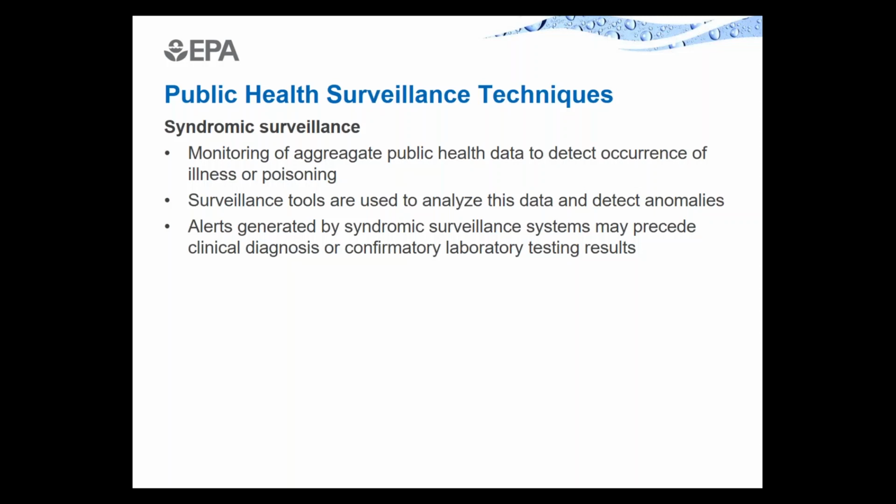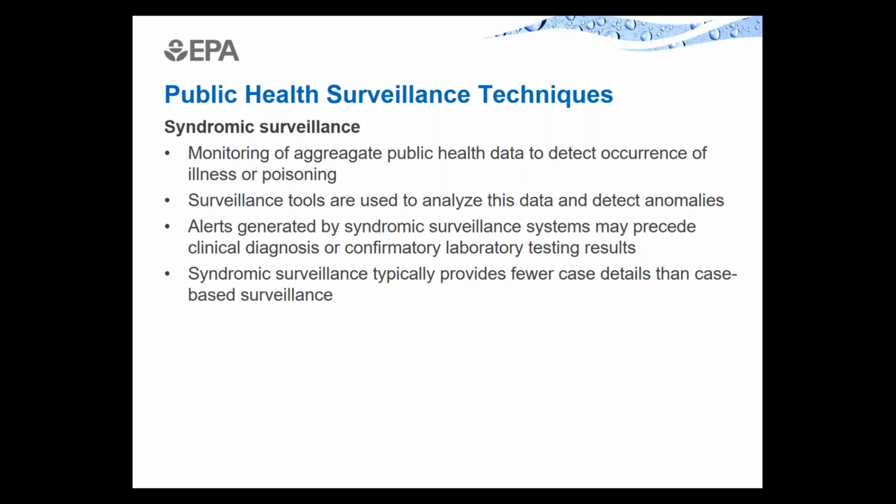So syndromic surveillance may be much more timely than a case-based approach or the traditional practice of just relying upon reportable disease reporting to detect outbreaks. But syndromic surveillance generally provides very scant case details, compared to case-based surveillance, which has detailed and informed information about the cases that underlie the signal.